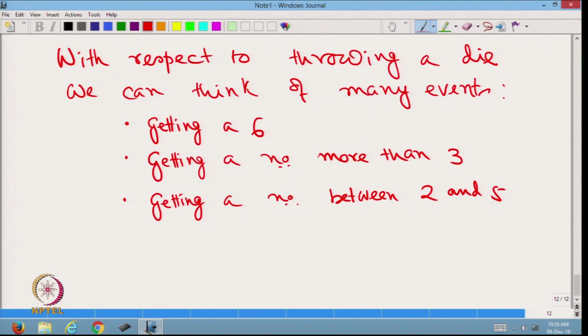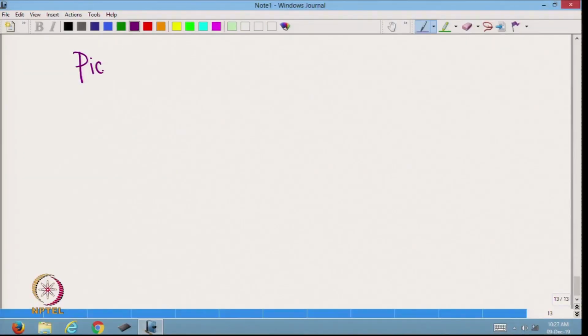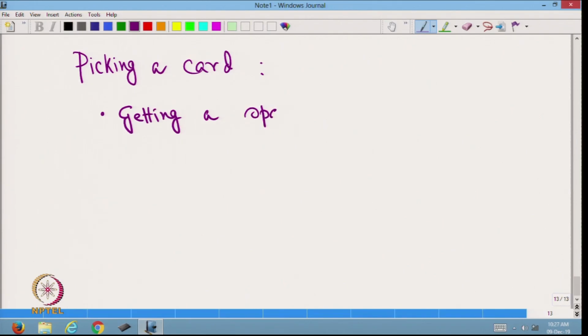Let us take the example of picking a card. Possible events are getting a spade. What will be the probability? There are 13 cards of the suit spade in a complete deck, which has 52 elements.